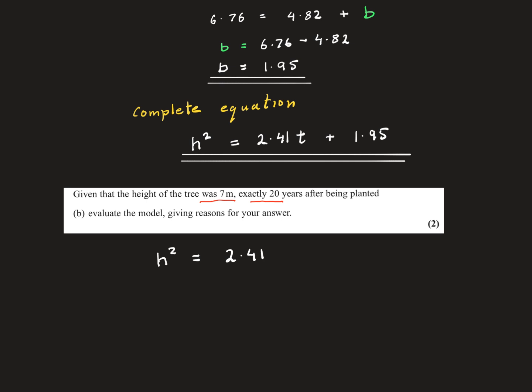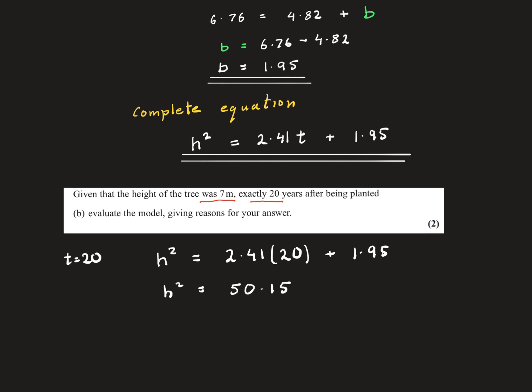So if I multiply that by 20, that means when time is equal to 20, we will find out what this means, and that means that h squared is equal to, when we do that calculation, we should get 50.15.